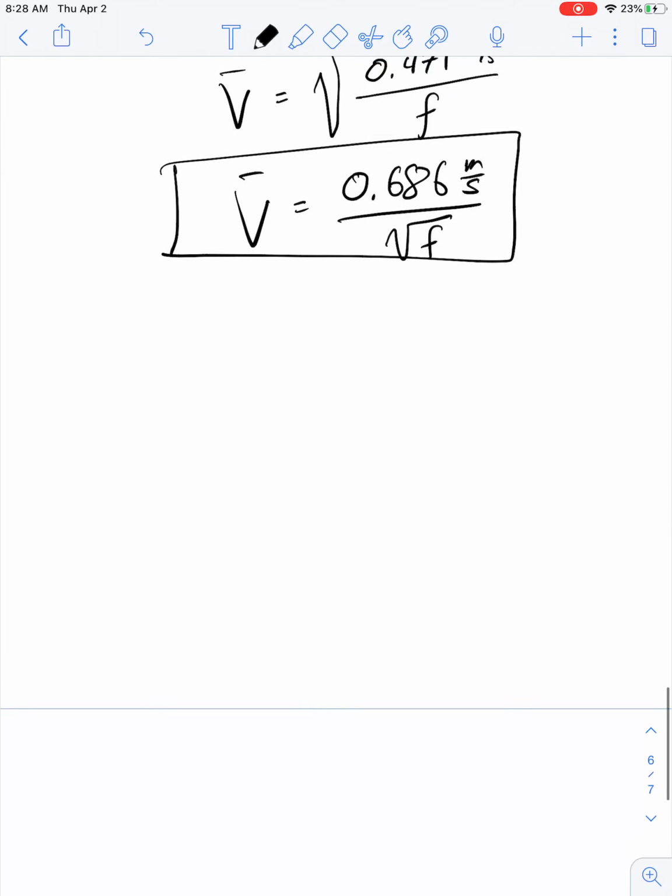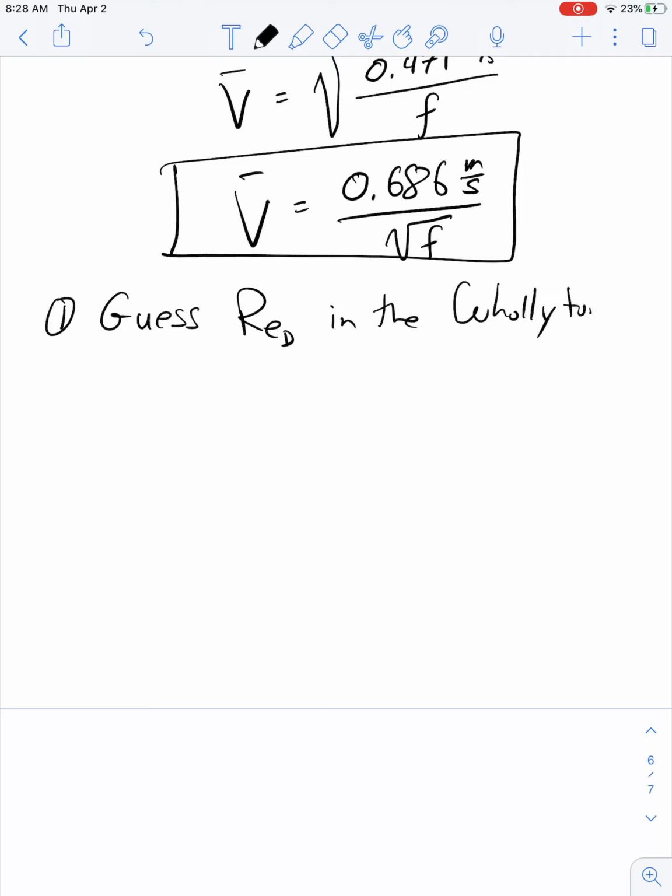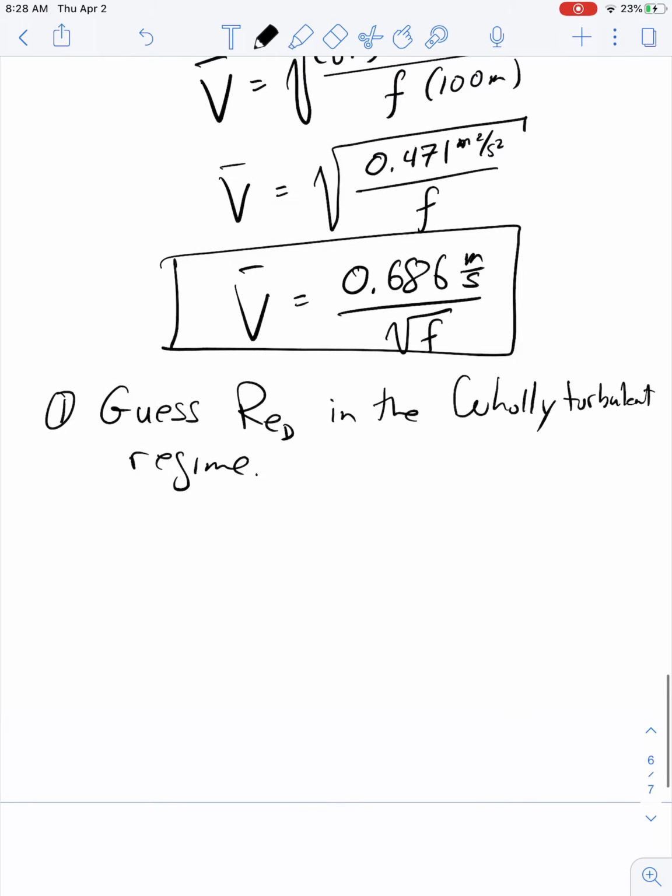As I said before, step one, we're going to guess our Reynolds number, and it's going to be in the wholly turbulent regime. Then we'll get a friction factor from that. How do we do that?